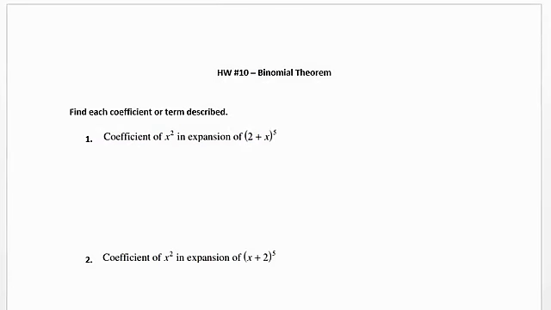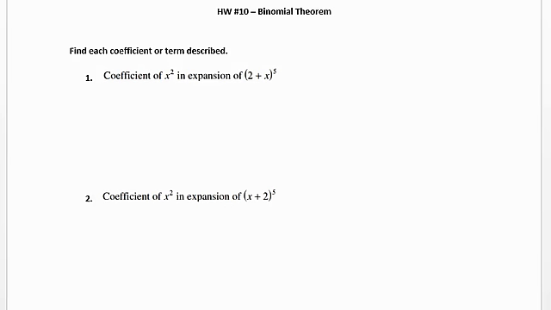Here is your homework for the binomial theorem lesson. The first two ask for the coefficient of x squared in an expansion of 2 plus x to the 5th for the first one, and x plus 2 to the 5th for the second one. So you are just going to give me the coefficient for that term.